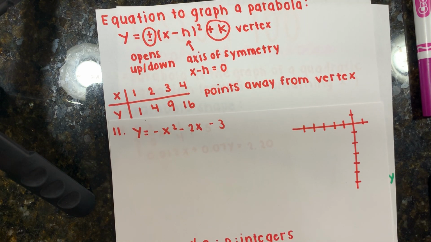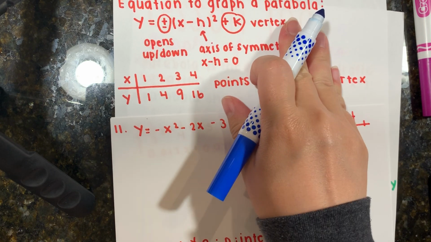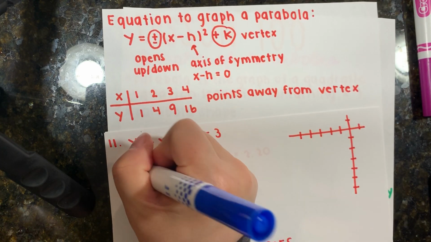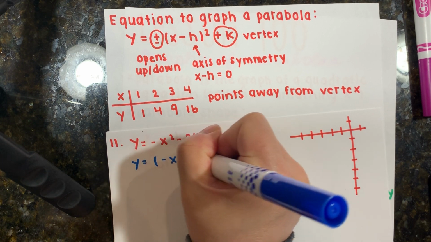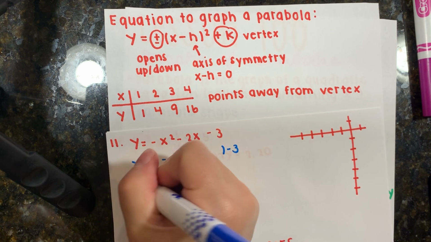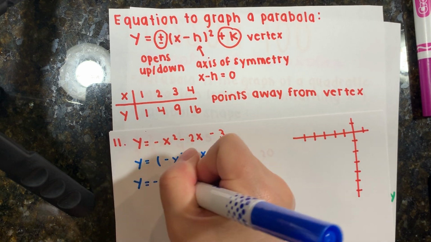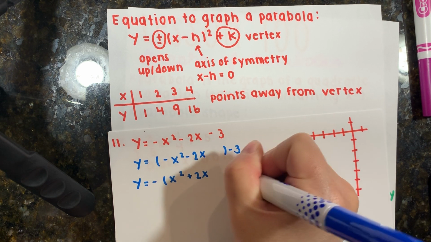I'm going to start by putting all the x's in parentheses. So y is equal to negative x squared minus 2x, then minus 3. I have to factor out the minus sign because you can't complete the square when there's something attached to the x.